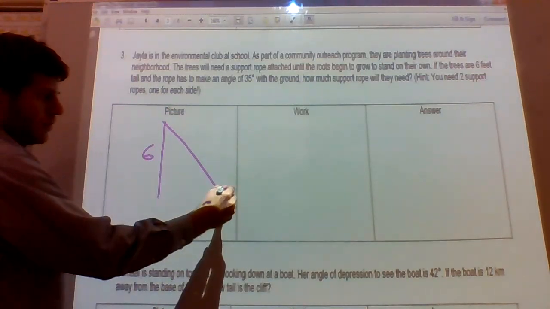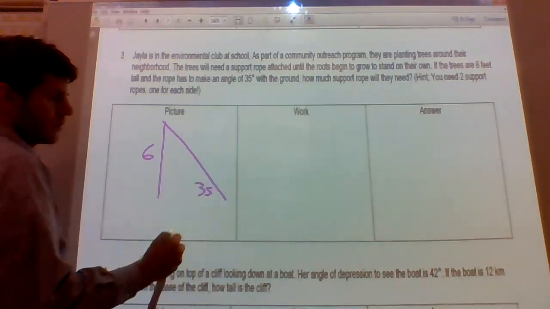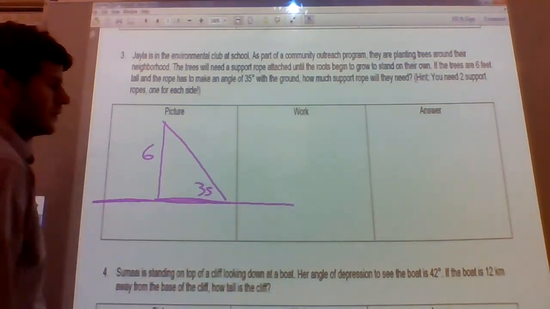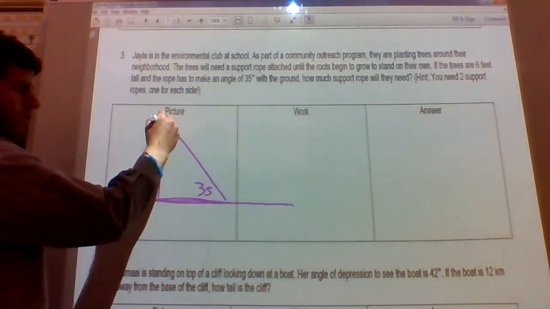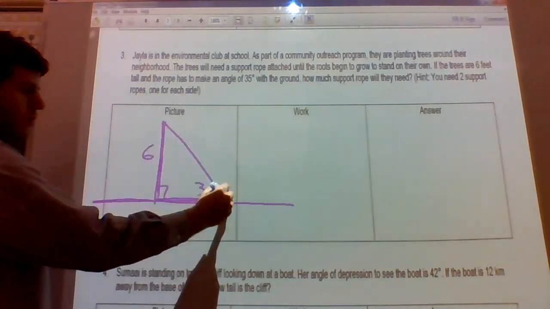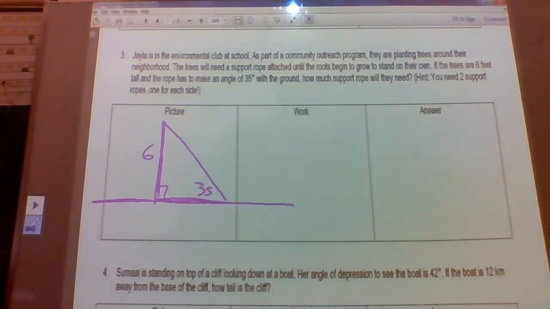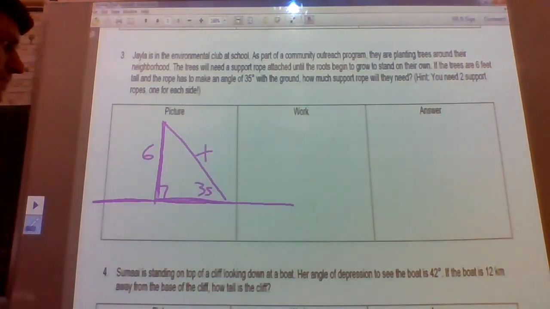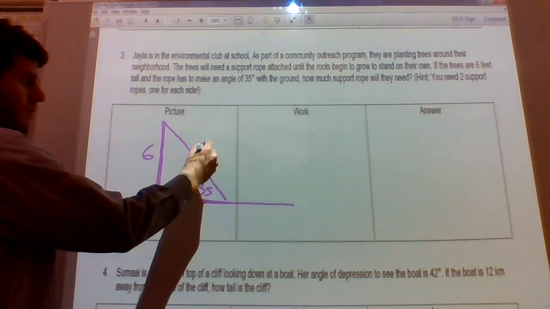The rope makes an angle of 35 degrees with the ground. This is the tree, this is the rope, 35 degrees with the ground. How much support rope will they need? So how long does the rope need to be? That's ultimately what we're trying to find here.